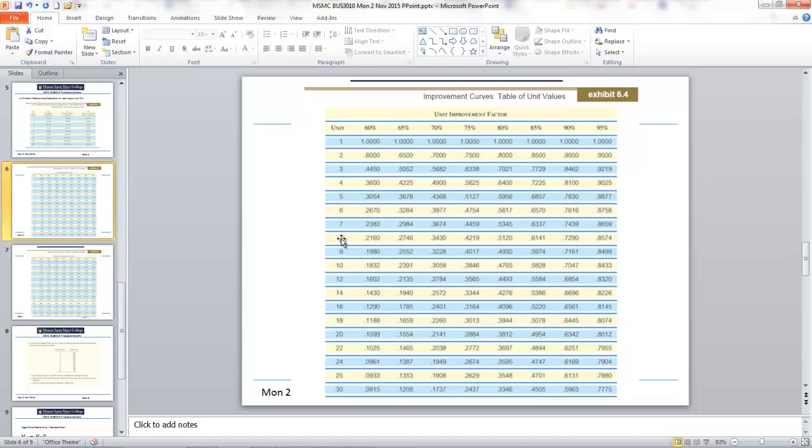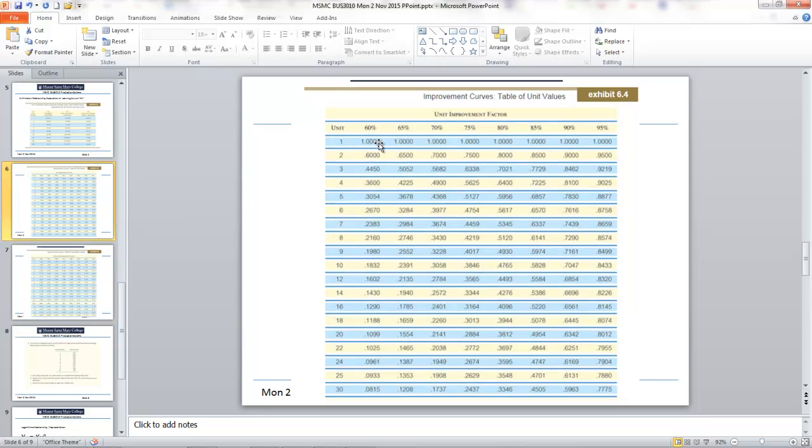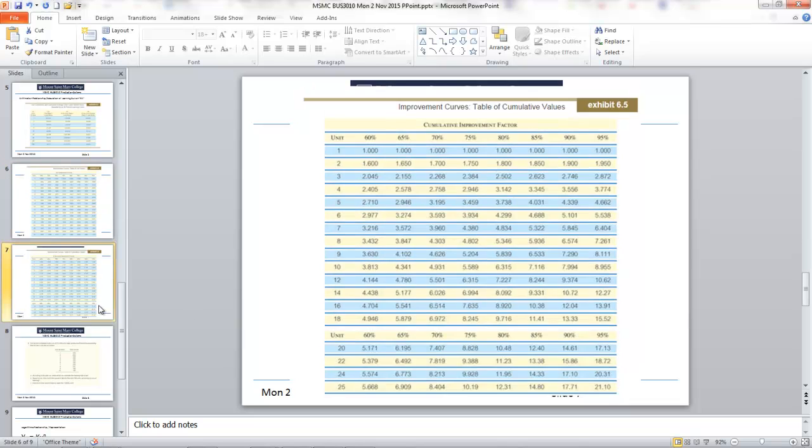It shows you as a function of the first how much time it took to make that unit. Okay, so all we did was add them up over here. So this number 3.813 is just all the times of 1 plus 0.6 plus all the way down through here. If you add these 10 numbers together, you're going to get 3.813 if your learning rate is 60%.